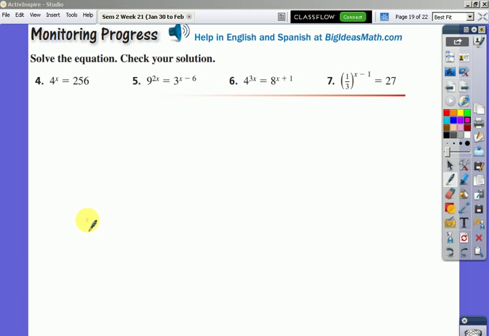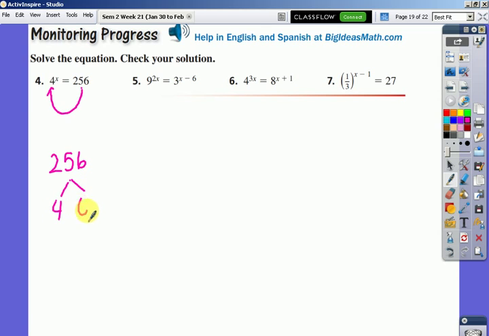All right. The first question I have to ask myself before I start any of these is, can I express 256 in terms of base 4? And if the answer to that is yes, then we're on the right track. Okay? So I'm going to take 256, and I'm going to divide that by 4.